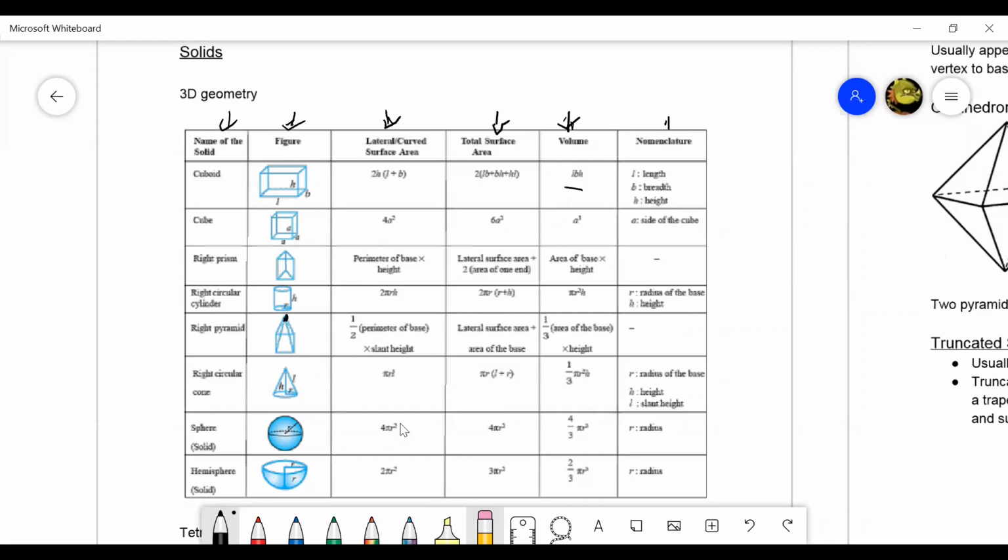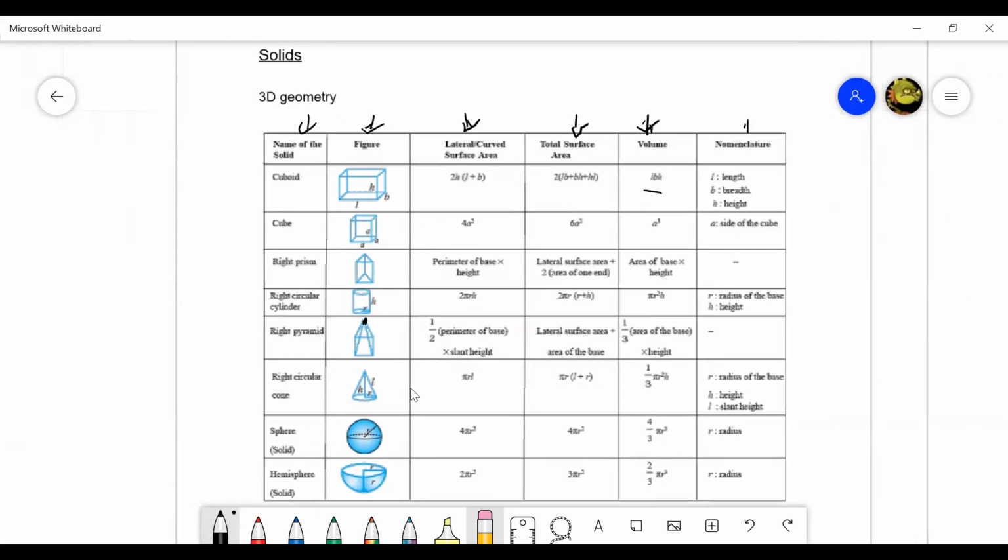The vertex is going to be the one point above the base that has an edge connecting it to every other vertex in the solid. So for a square pyramid, as shown, it looks like one of the pyramids of Giza in Egypt.